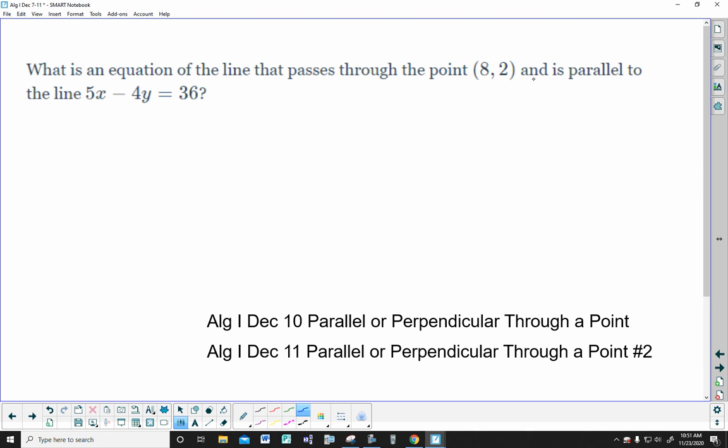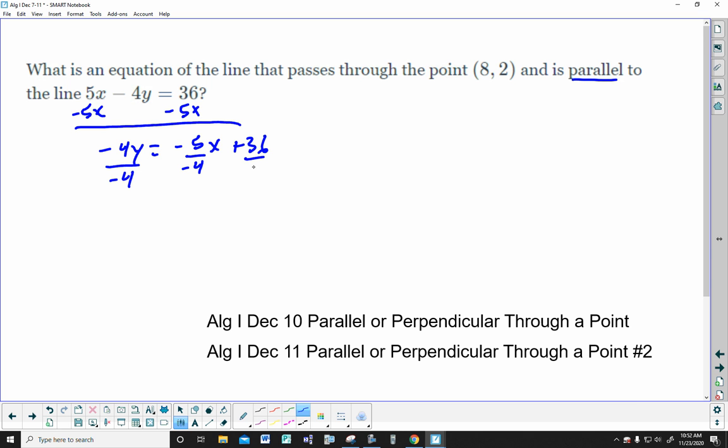Write an equation line through that point that is parallel to this line. So the first thing you do is you have to solve for y, and you do that by adding or subtracting x's to the other side. Divide any coefficients out that are on the y, and you get y is equal to +5/4 x minus 9.